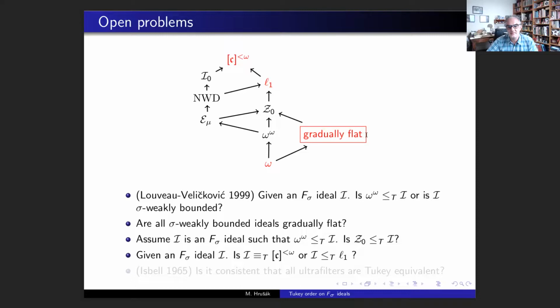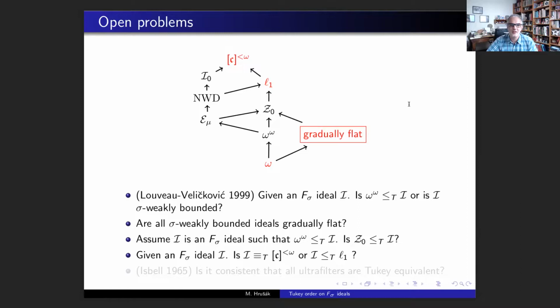As far as we know, all the known examples are gradually flat. And then there are the F sigma P ideals, which sit below L1, but very close to it. And then there is the top. And this is as much as we know.